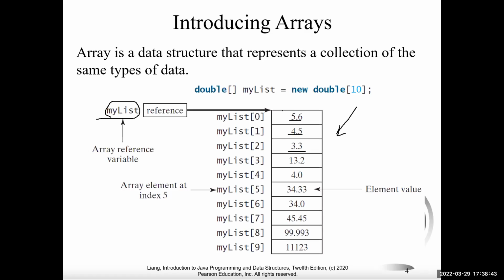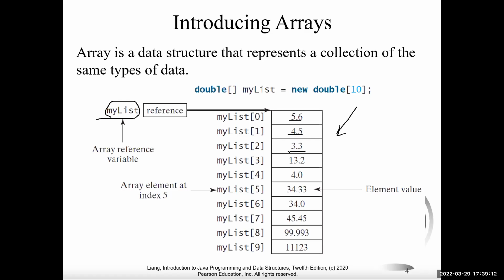Okay, and the array has multiple elements. We can specify how many elements we want to have in this array. We can say that this array has 10 elements. We can do more or less, depending on the application, the problem or the scenario. So in this example, we have an array of size 10 to save 10 elements of type double.